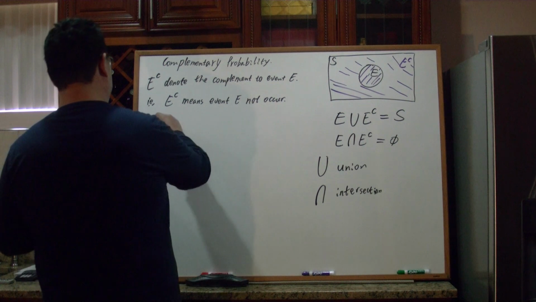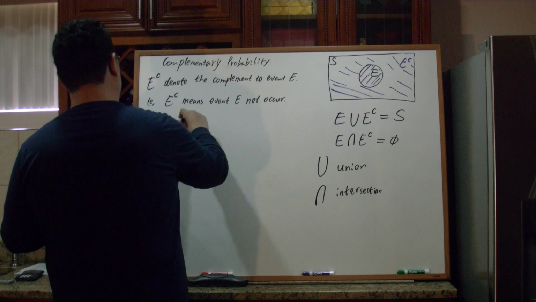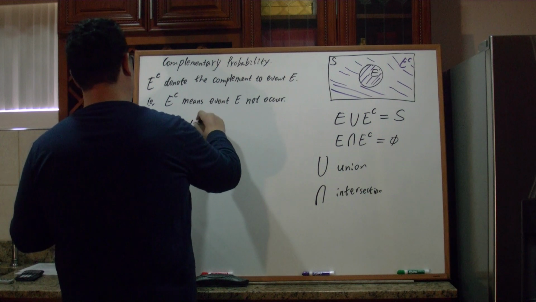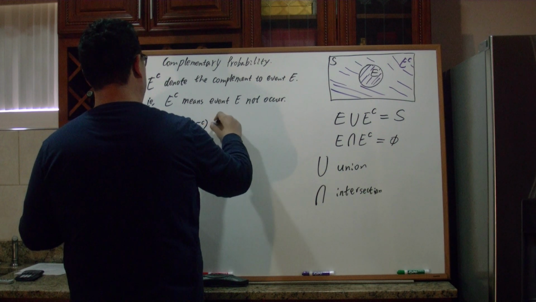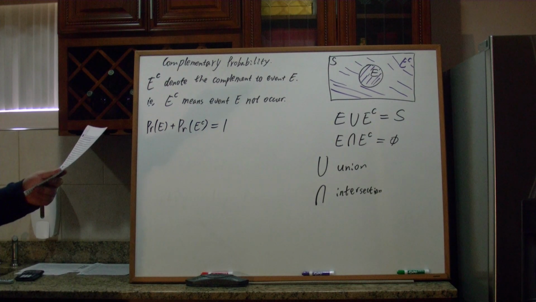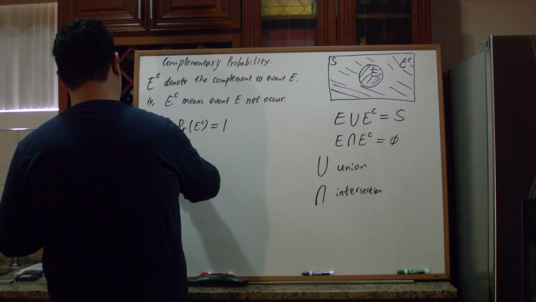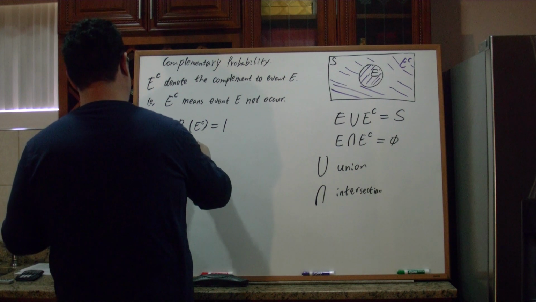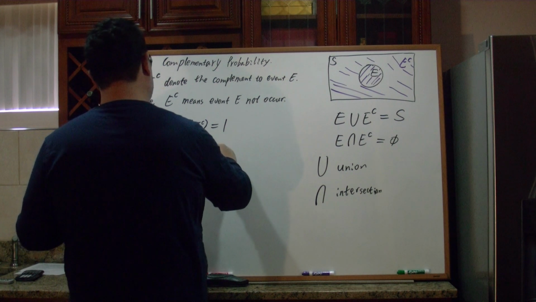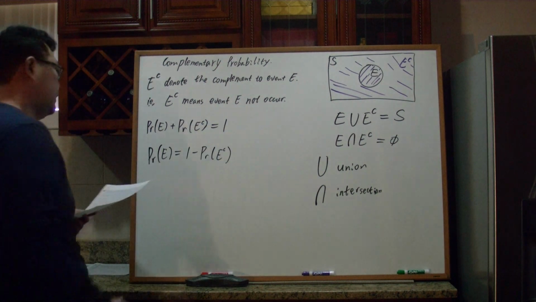It doesn't have anything. The criterion is the probability of E plus the probability of the complement event equals 1. So sometimes, if the E complement is easy to find, we can find E by 1 minus the E complement.